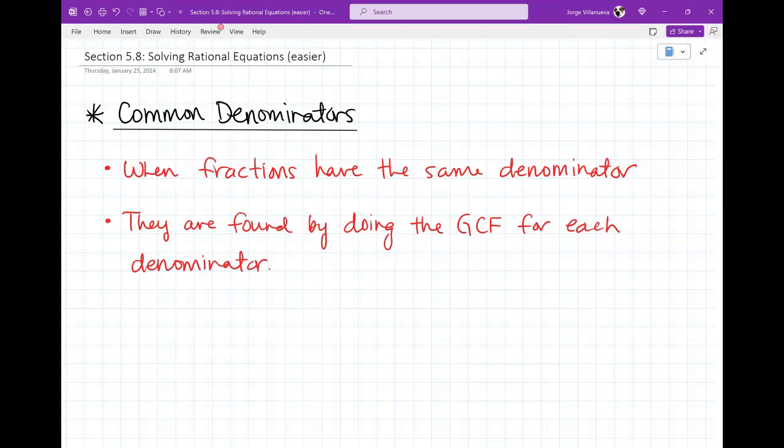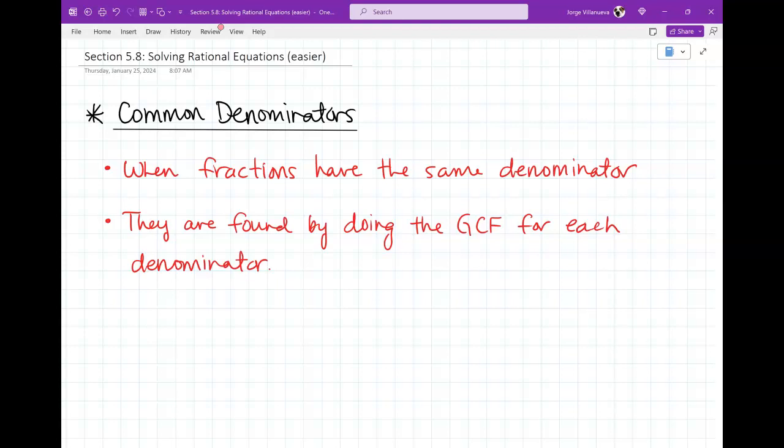Still using the same idea, but not approaching it as a GCF. Kind of just asking, let's make these all look the same, what's missing? That's basically how you work on it. You find the GCF of all the denominators, and then you use that to manipulate your fractions. So let me show you how that looks.